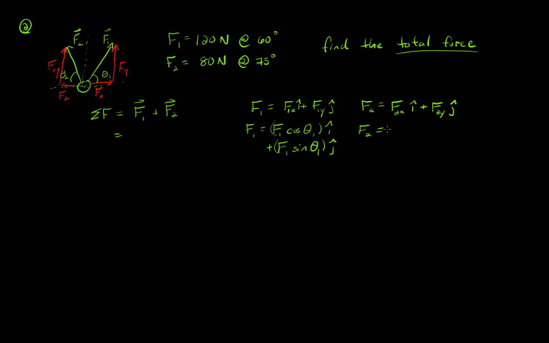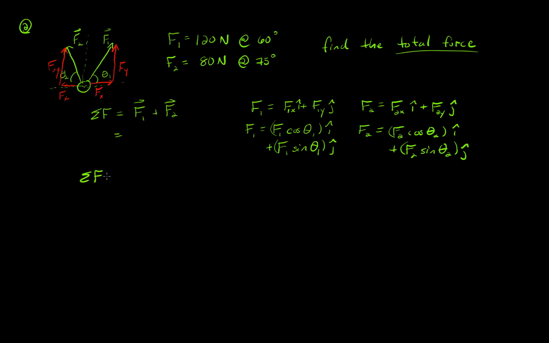And similarly, F2 is going to be F2 cosine theta 2 i hat plus F2 sine theta 2 j hat. At this point, since we know all these numbers, you can plug them in, so 120 cosine 60, 120 sine 60. I'm going to continue working it algebraically.